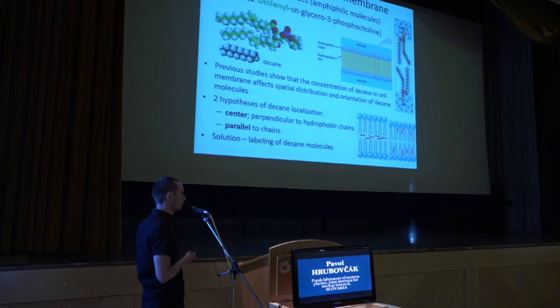The first claims that molecules of decane are concentrated in the center of the bilayer, and they are oriented perpendicular to the lipid chains. And another theory says that molecules of decane are concentrated below the lipid heads, and the molecules are oriented parallel to the lipid chains.